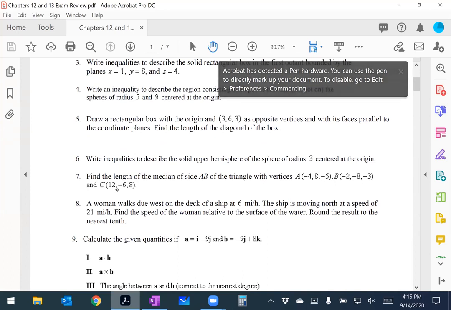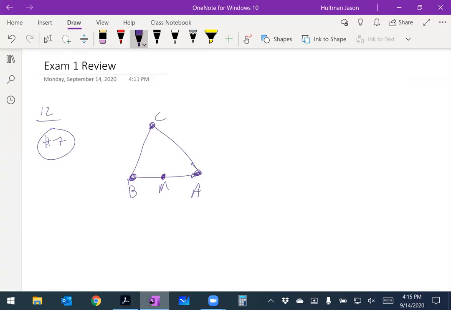Well, the first thing we need to do is find out what the median is. Let's look at A. A is equal to -4, 8, -5. And B is equal to -2, -8, -3, right?